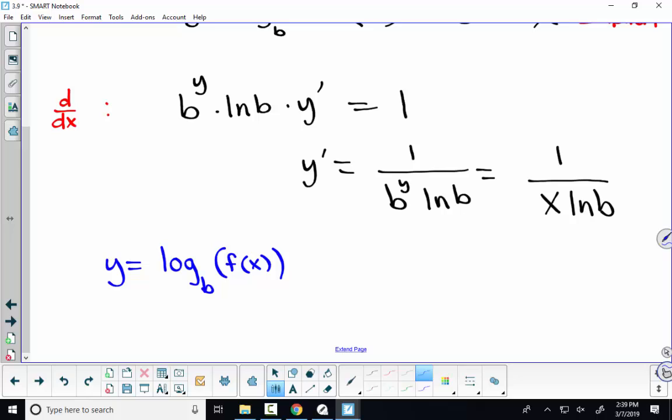Again, what we're not seeing in that formula we just wrote, 1 over x ln b, is the derivative of the argument of that logarithm, because it's just the derivative of x, which is 1.